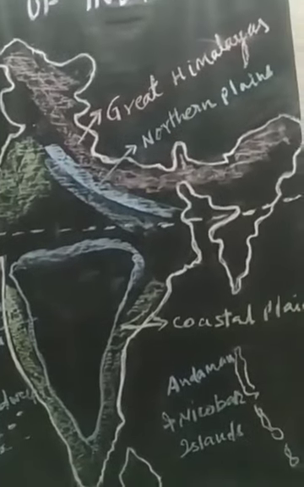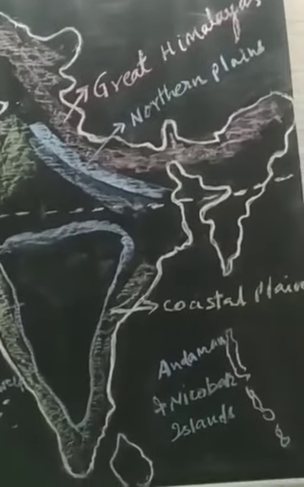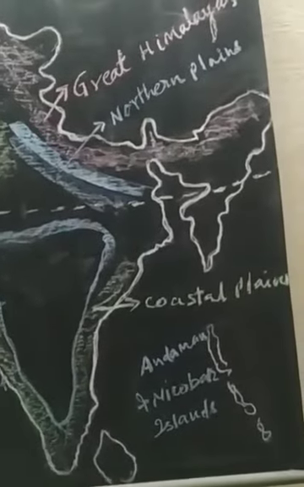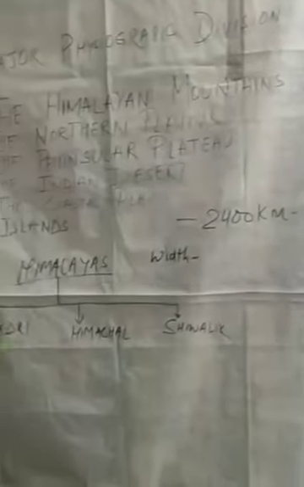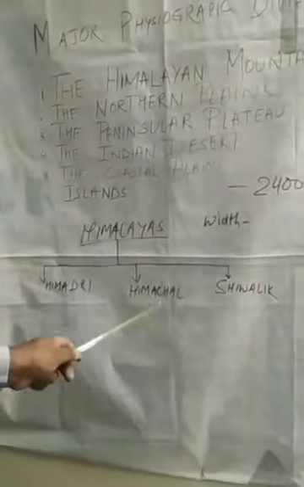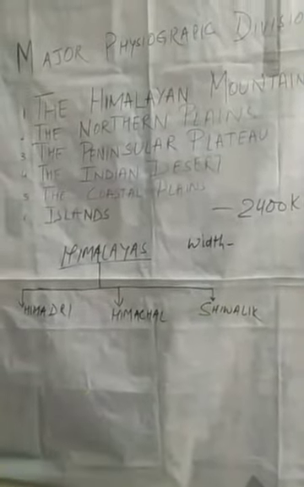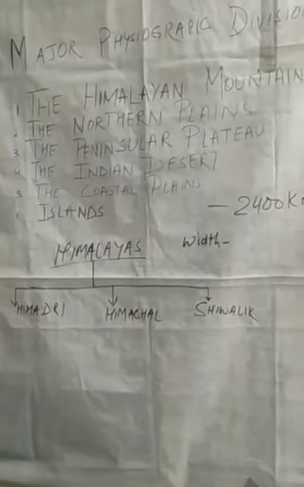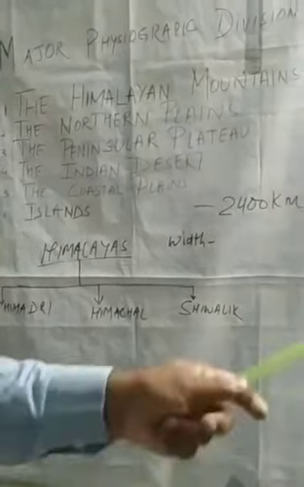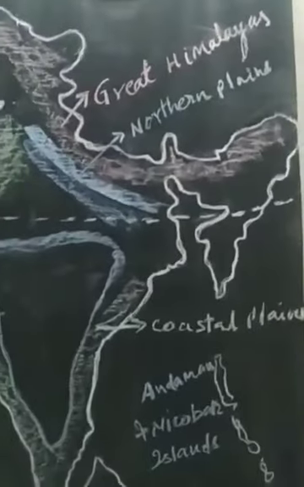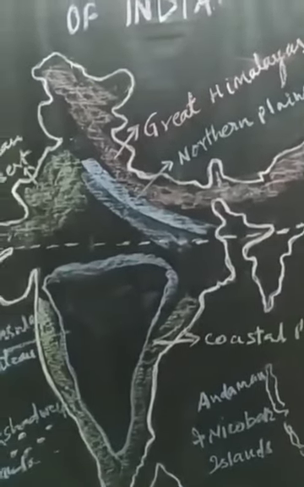Now there are three parallel ranges of Himalayas: Himadri, Himachal, Shivalik. Now we will discuss these three.